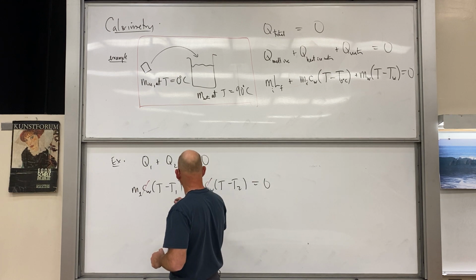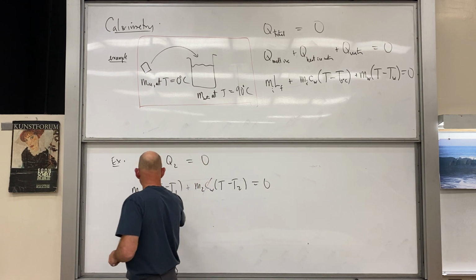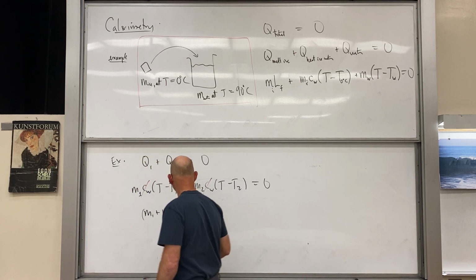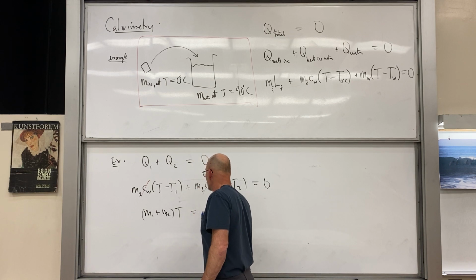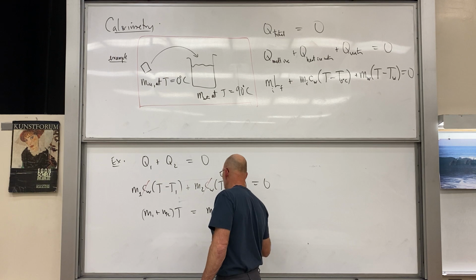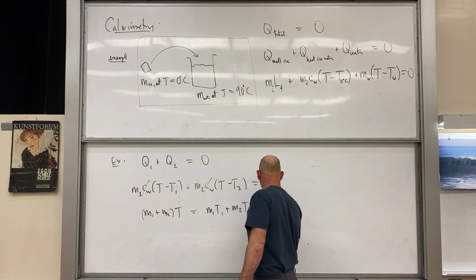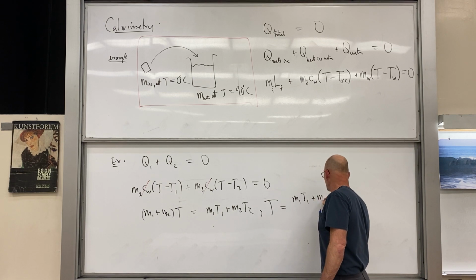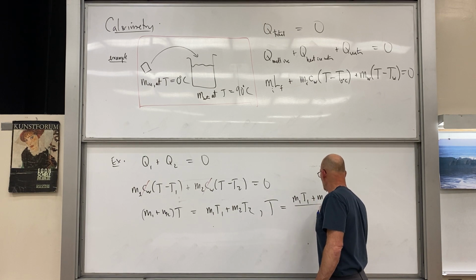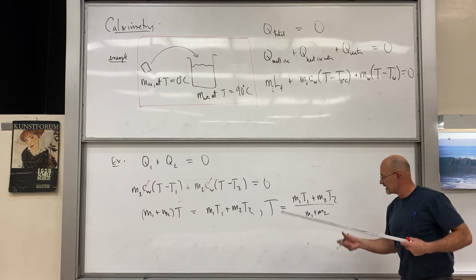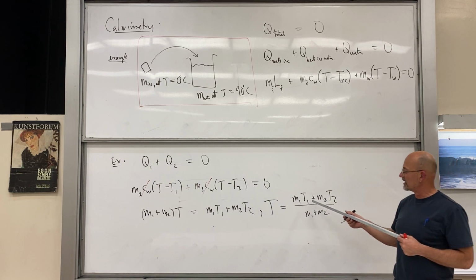So let's go ahead and we'll have (M1 plus M2) times that final temperature is equal to M1 T1 plus M2 T2. So T final equals (M1 T1 plus M2 T2) over (M1 plus M2). Well, you're going to get, that's like an average type of quantity of value.